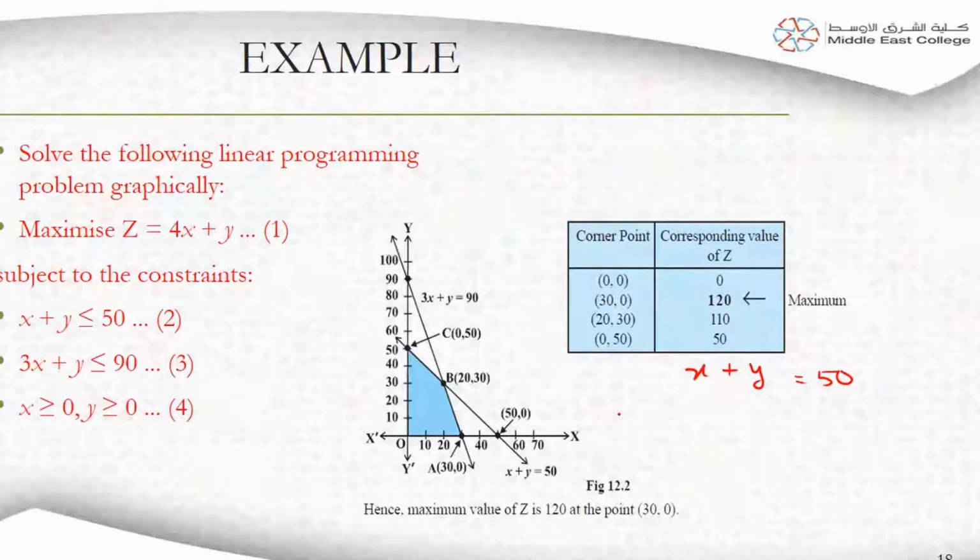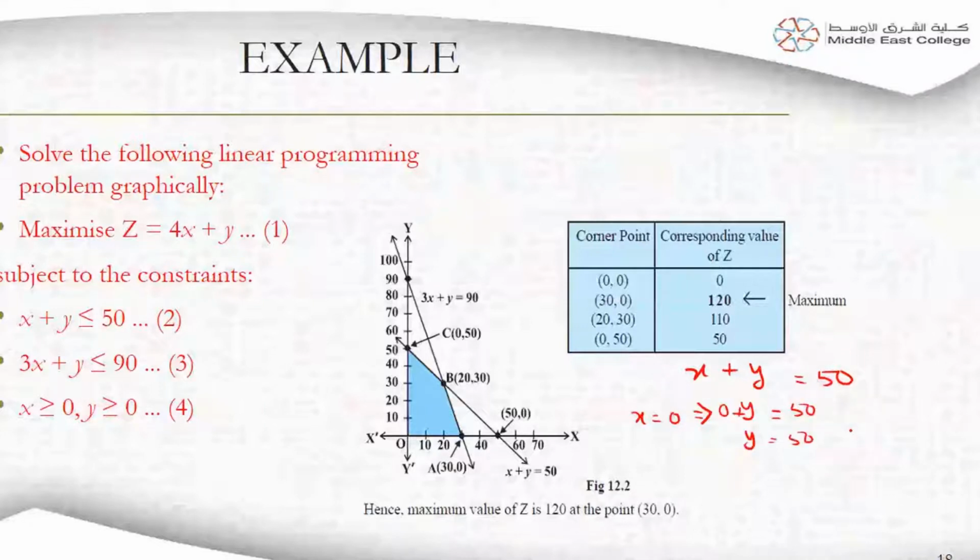What you do is you put x equal to 0 always in all the questions, and you find what y is. y is going to be 0 plus y equals 50. So you get y equal to 50. So the first point is 0 comma 50.